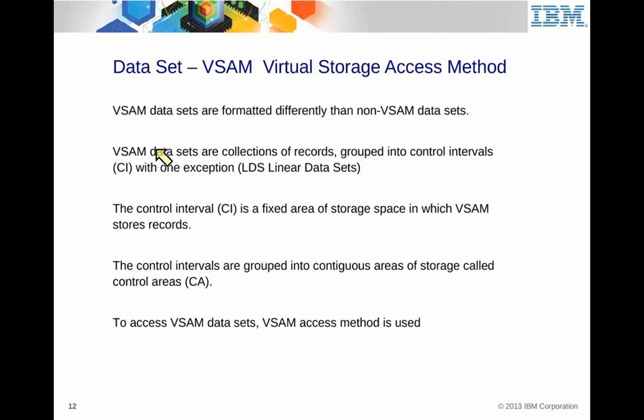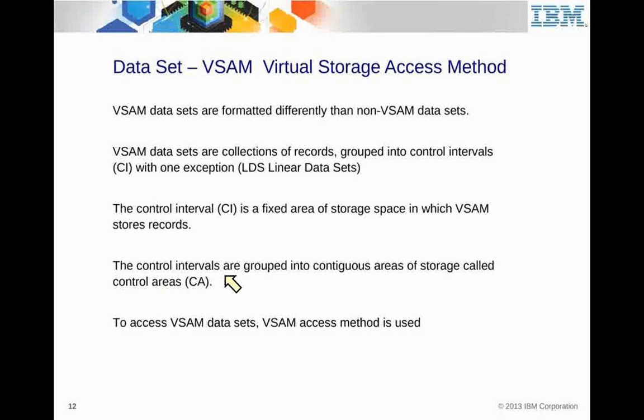So VSAM, as I mentioned earlier, VSAM data sets are a collection of records grouped into control intervals, known as a CI, with the exception of a linear data set. Linear data sets are different. They don't have any metadata in them. A control interval, CI, is a fixed area of storage space in which VSAM stores the records.